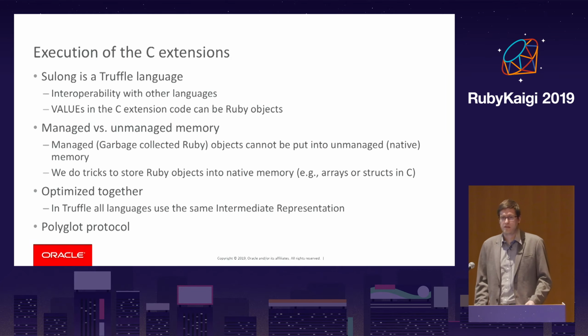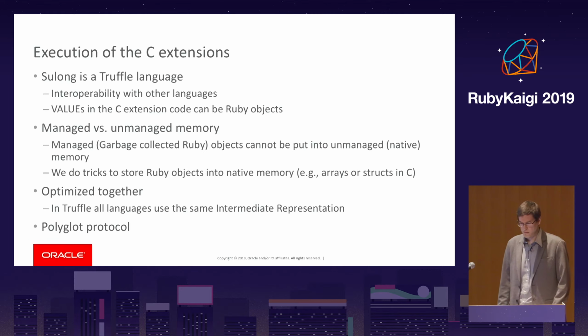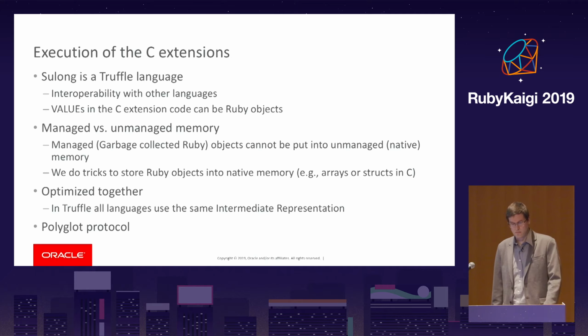So we cannot just take a managed Ruby object and put it into unmanaged native memory. We need to do some tricks to get around this, and this is basically the main topic of this talk. And of course, optimize this together.